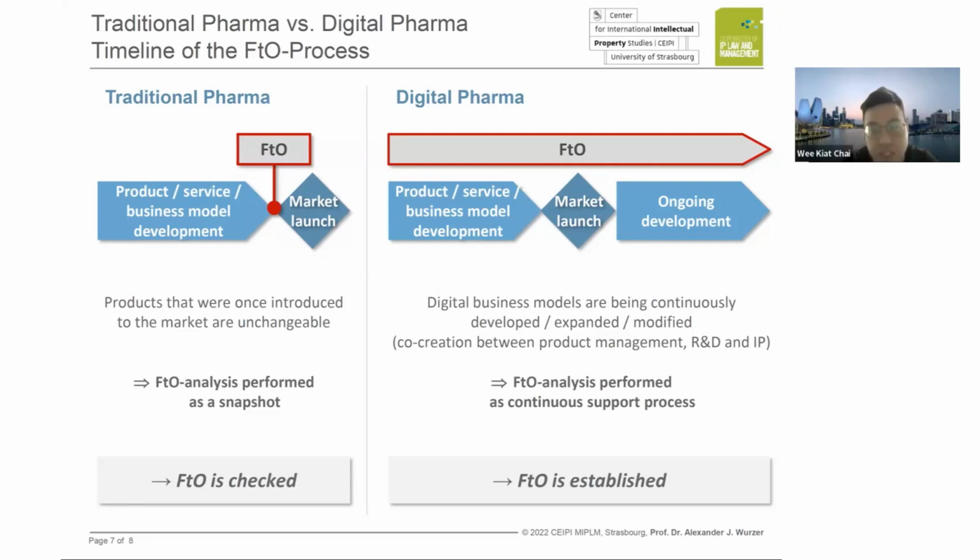The entire development process is more like an agile methodology or process. So the FTO would be something like a time scale process you can see on the screen. So it extends all the way, and it's always being done as a continuous support process. And that is also the reason why it is being listed as an FTO process being established rather than it being checked.